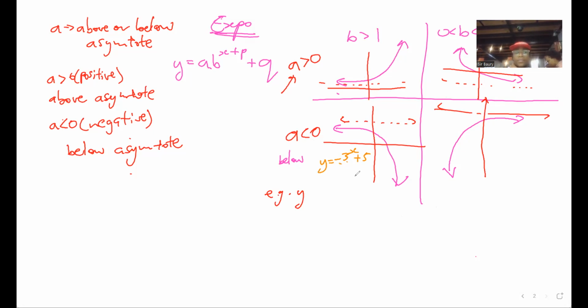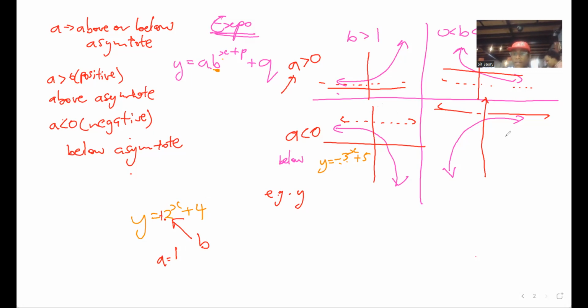Always remember that the letter that carries the x is b. So y is equal to 2 to the x plus 4. The value of b here is 2. This is b. A is going to be the invisible one. That is your a. But the one that carries the exponent is always b.